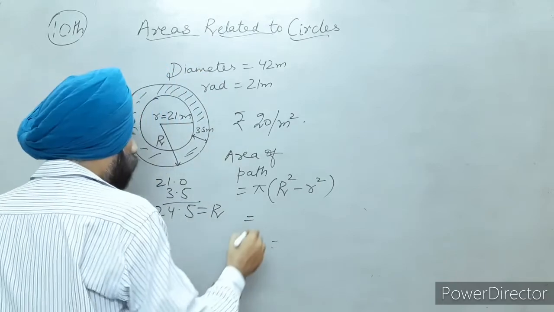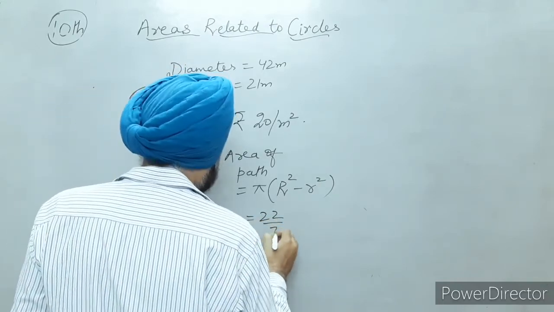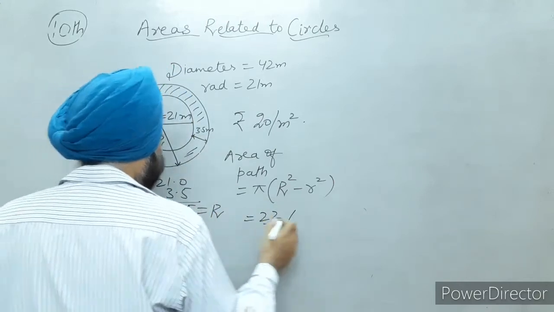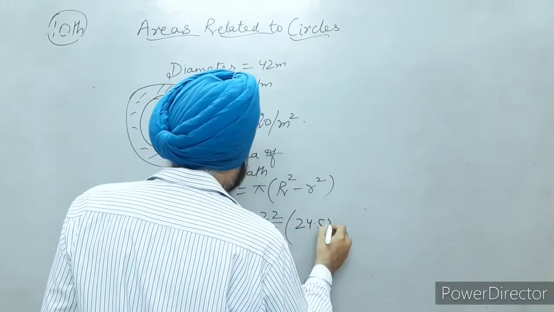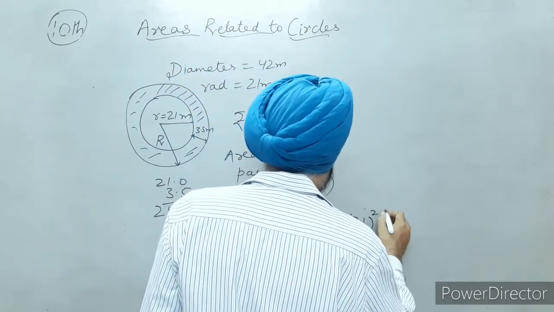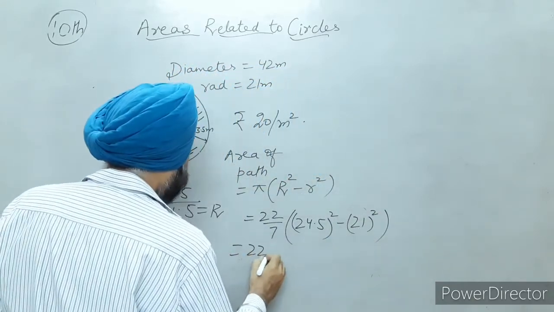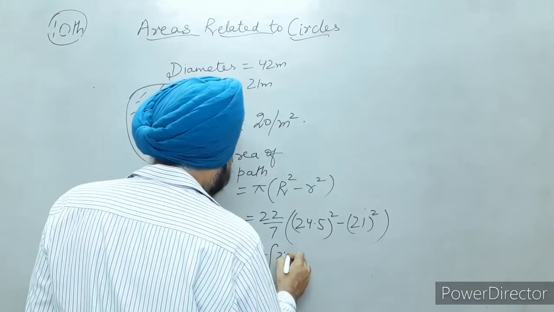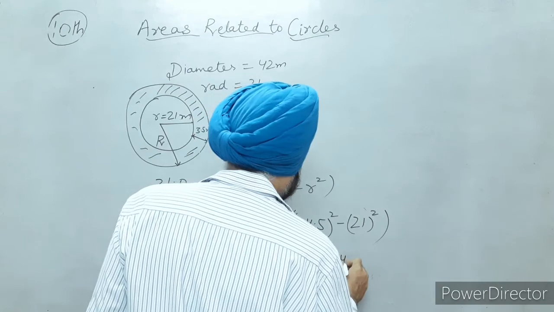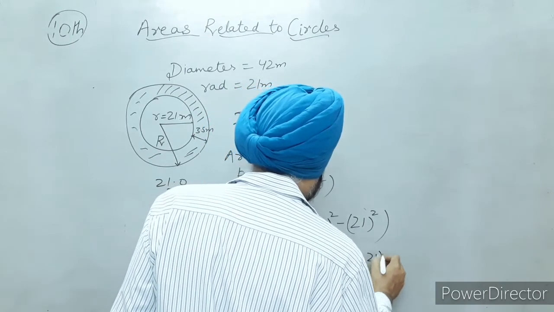That is 22 by 7, put the value of pi. Capital R square is 24.5 square minus 21 square, right? It is 22 by 7 into 24.5 plus 21 and 24.5 minus 21.